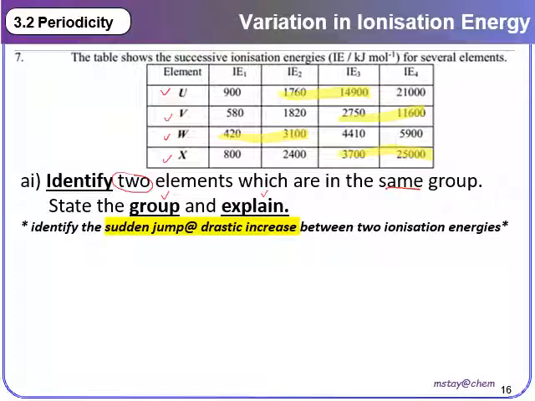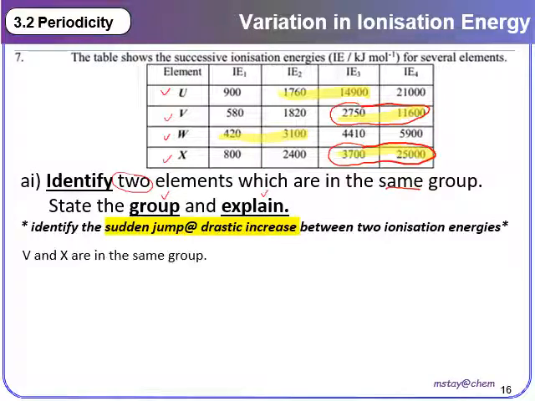So from here, we can see 2 elements have the same pattern, a sudden increase from IE3 to IE4: element V, and X also. Okay, so this is our answer. V and X are in the same group.